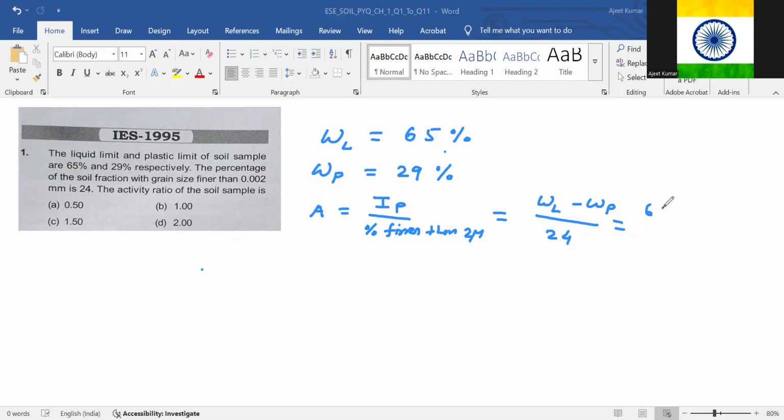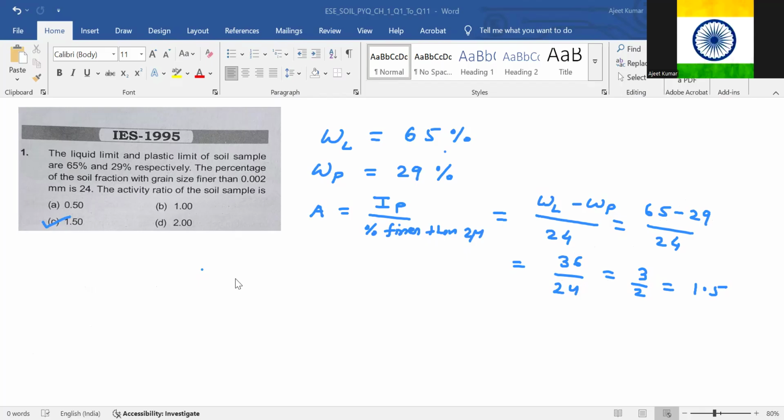So this is 65 minus 29 divided by 24. 65 minus 29 is 36, and 36 divided by 24 is 3 by 2, which is equal to 1.5. So the answer will be C. We will do the next question.